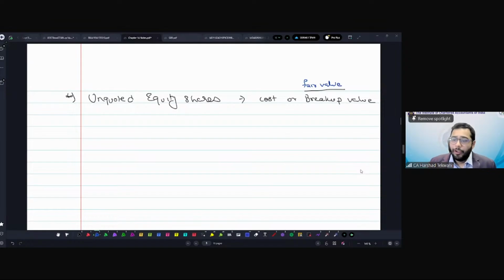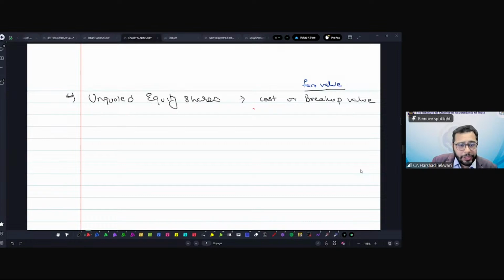And there is one more requirement. If you don't have the balance sheet to decide the breakup value or fair value for the last 2 years of that company, then you need to consider that the shares are valued at ₹1 only.